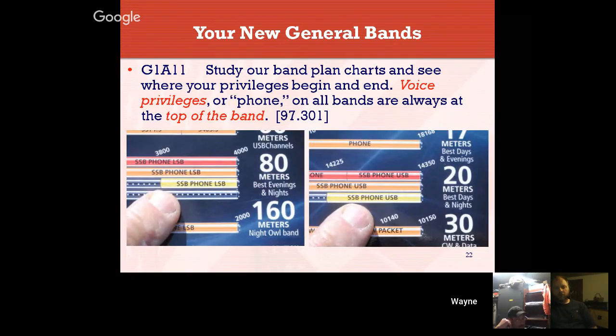Your 75/80 meter band runs from 3.5 megahertz up to 4 megahertz. And for the general class licensee, you have single sideband, lower sideband only, phone privileges from 3,800 to 4 megahertz. And they have a little reference there to 20 meters as well.